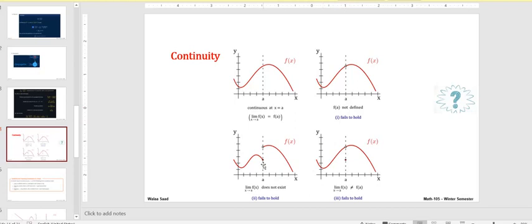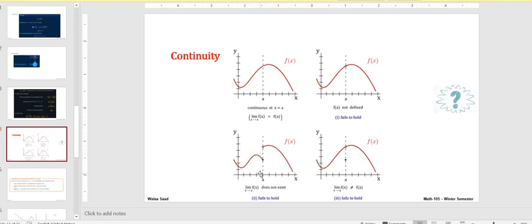Here in part 3, we have that jump behavior. If you approach a from the left, you will find a value, and approaching from the right, you will find a different value, which means there is a jump, and the limit, what? Does not exist. The limit from the right is not equal to the limit from the left.